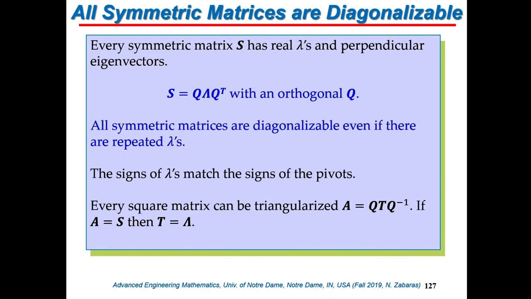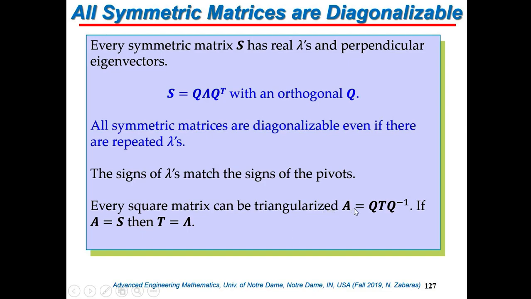Now, before I highlight two different proofs, let me just say that a more general version of the spectral theorem, where we diagonalize a matrix, is another theorem that goes under the name of Schur's theorem, where instead of having a diagonal matrix, we are triangularizing a matrix.